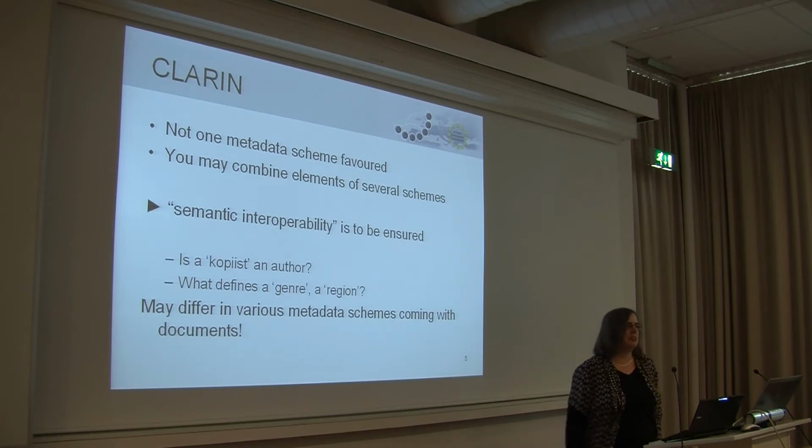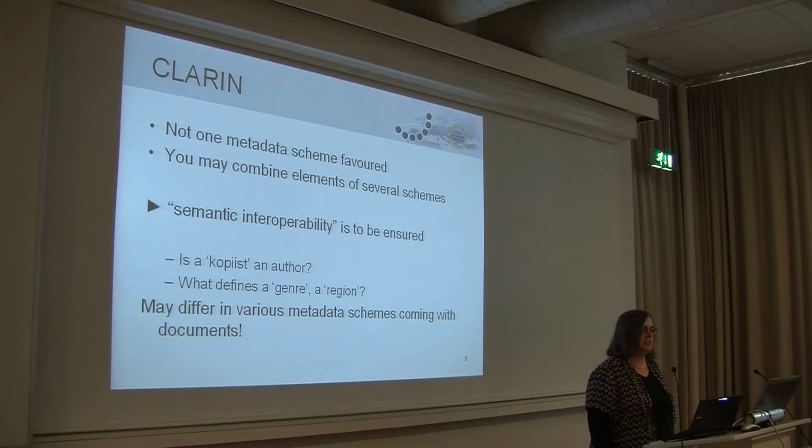Within CLARIN, there is not really one metadata scheme in favor, and you may combine elements from several schemas. And that's the need for semantic interoperability, so that they can really be used in combination.